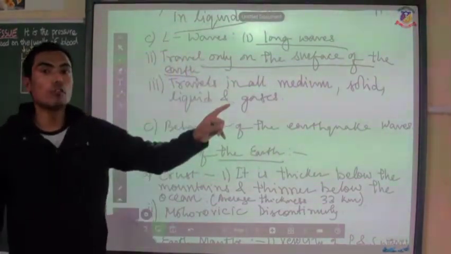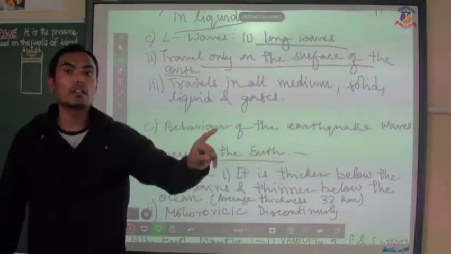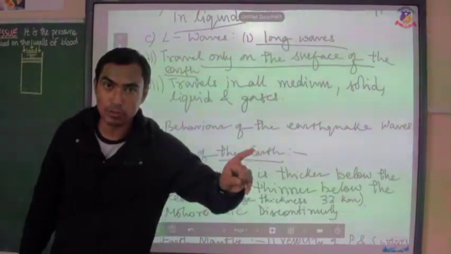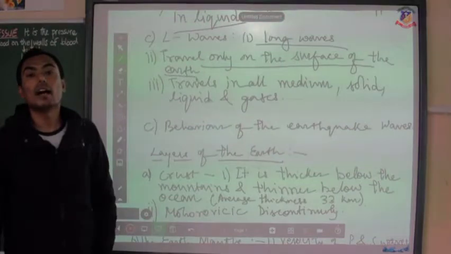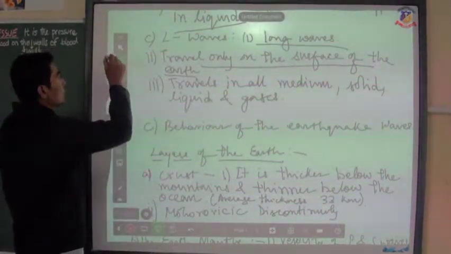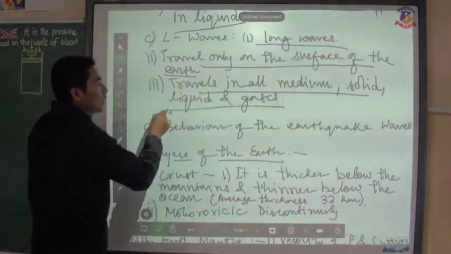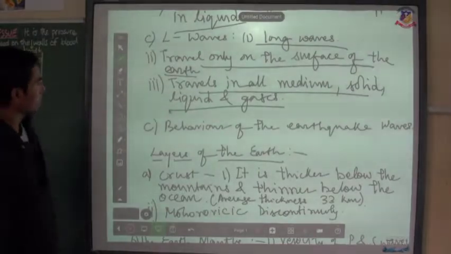Whenever this long wave moves at a higher velocity, it causes those infrastructures to fall down, resulting in higher destruction of life and property. And this wave travels in all media such as solid, liquid and gases.